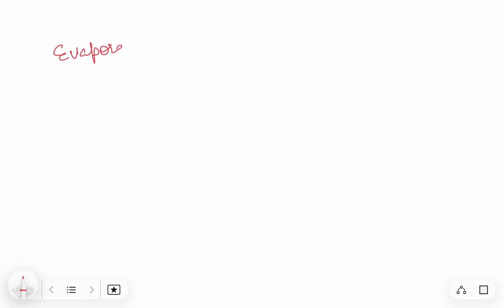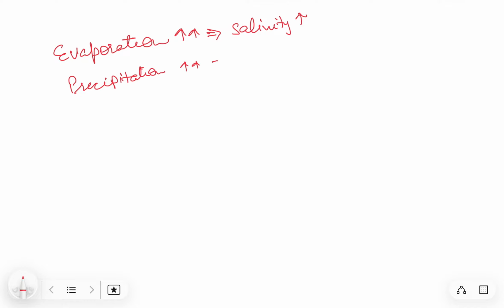So if we have more evaporation, the salinity will be high. And if the precipitation is more, then the salinity will be less.